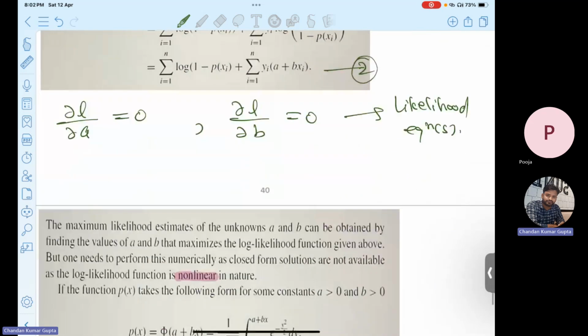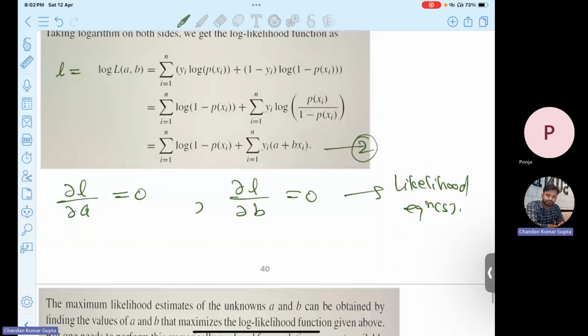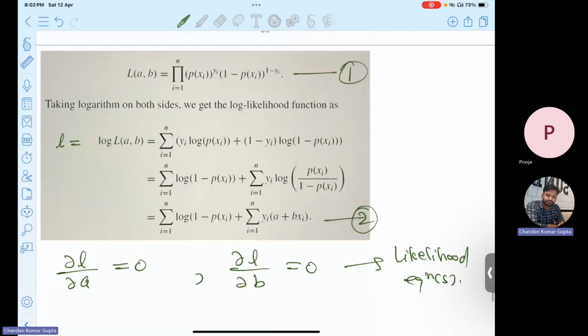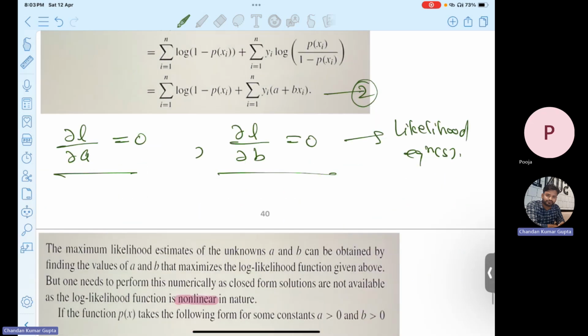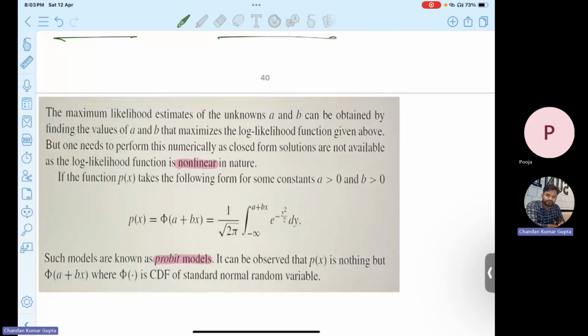It is not always possible to solve these likelihood equations analytically, because these partial differential equations have a nonlinear form, so we are not able to solve them directly. These nonlinear equations can be solved with the help of a programming language or numerical methods.